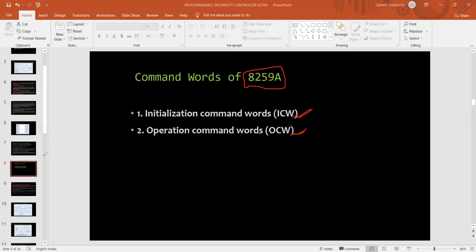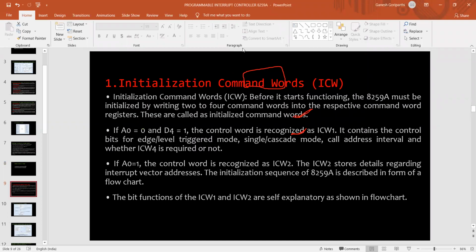For the time being, we'll just understand the initialization command words that we have. So this is about the initialization command word.